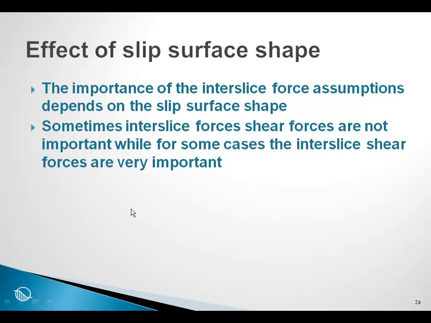The question often arises, how important is this assumption? As it turns out, the assumption we make depends on the shape of the trial slip surface that we are trying to analyze. Sometimes the interslice forces, particularly the shear forces, are not important, while for some cases the interslice shear forces are very important.